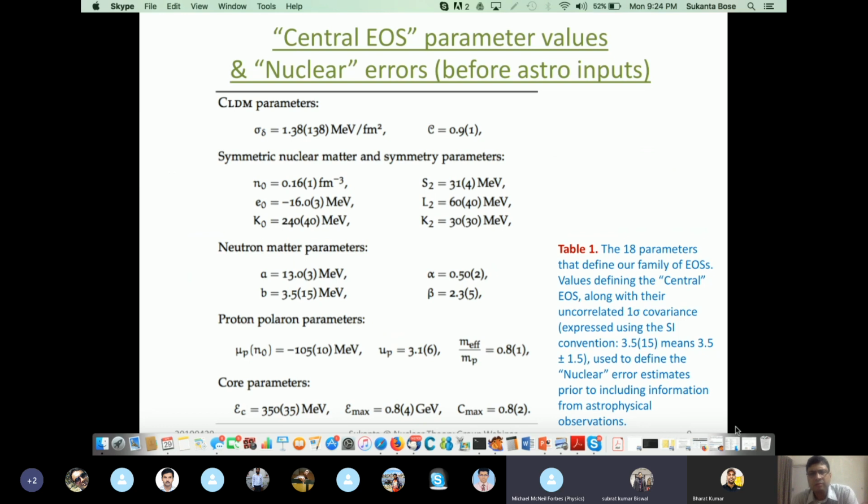Yes. Outer crust. So the far outer crust is this Baym-Pethick-Sutherland tabulation, and so we use that for the extreme outer crust. In your equation of state, have you considered that in the outer crust they have formed a nucleus? Sorry, they have what? In the outer crust part, maybe the density is so low that they can form a nucleus.